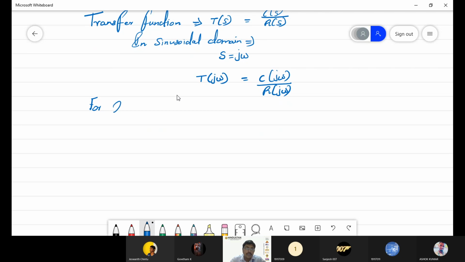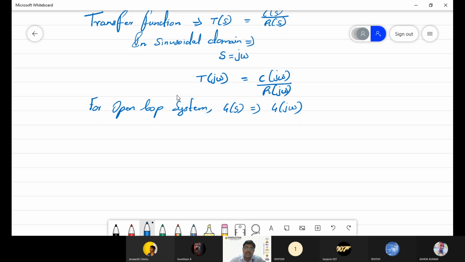For an open loop system, normally we call it G of s, but now it will be replaced by G of j omega.